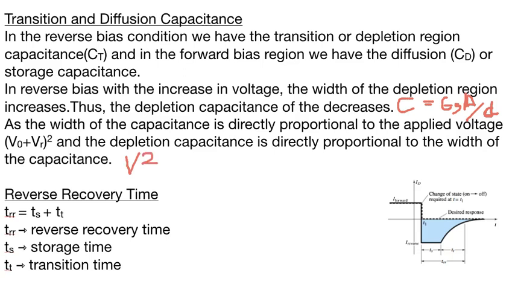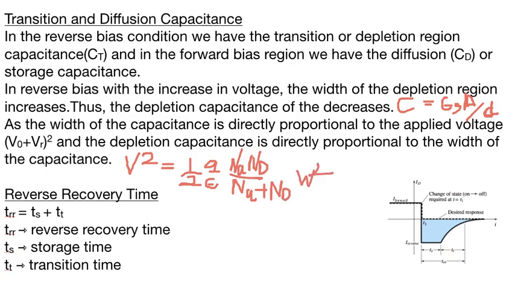V squared is equal to 1 by 2, Q by epsilon, N_A N_D over N_A plus N_D, W squared, right?